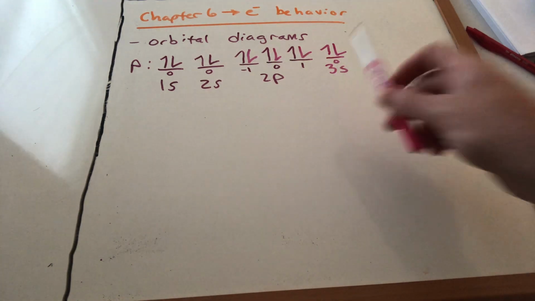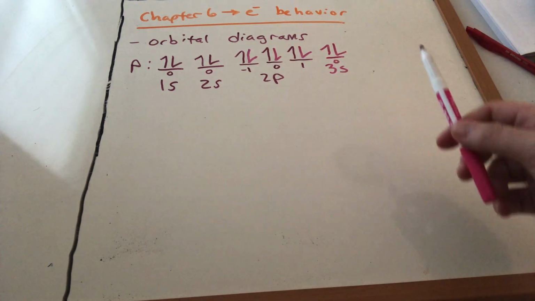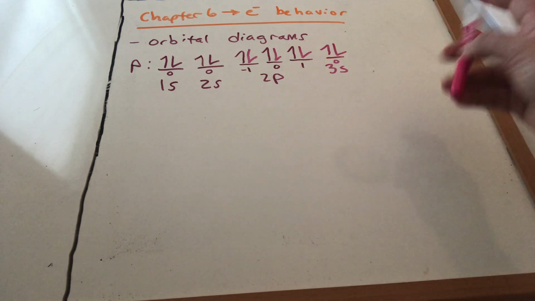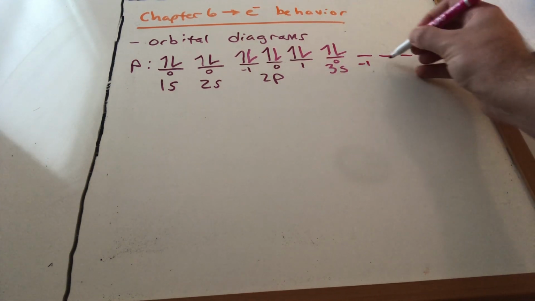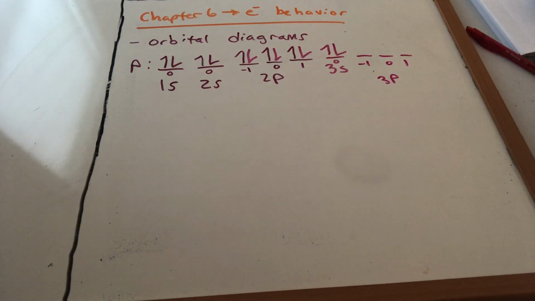Well, when n equals 3, L could be 0, L could be 1, or L could be 2, so what we do is we fill the P's next. Now, how do I know I'm filling those P's next? Well, look at where we are in the periodic table.